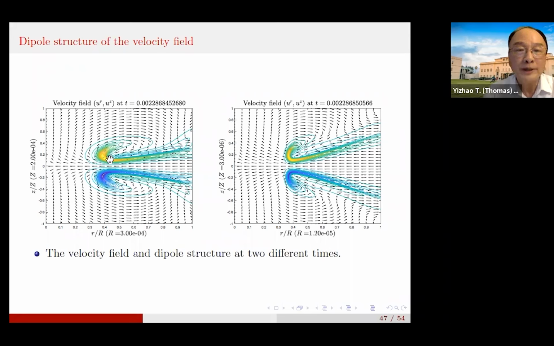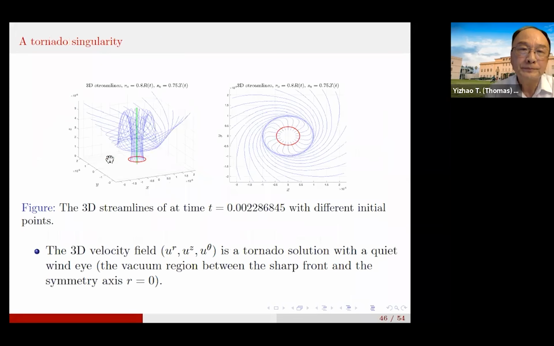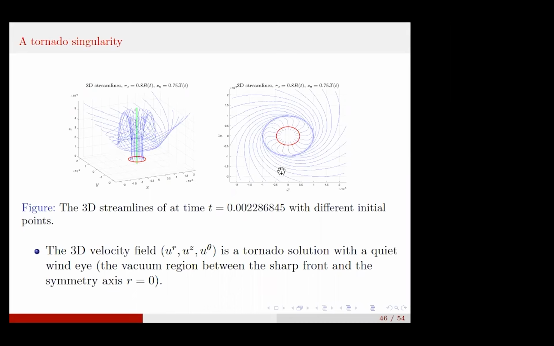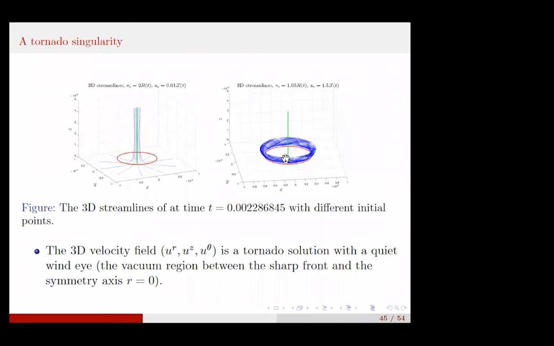So U1 plays the role of temperature density here. That's why you have density variation. It's a sharp variation. For example, if you start from here, the flow goes up, then swirls down, and then spins outward. Okay. Are there other questions?